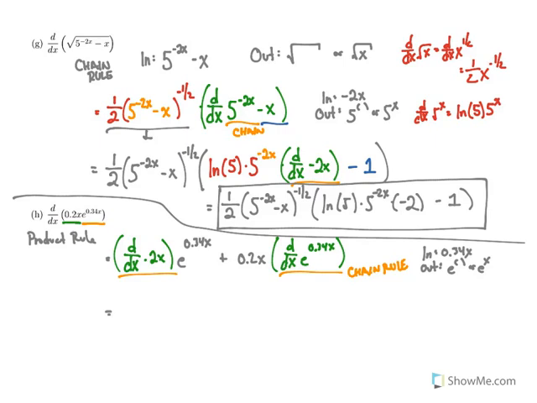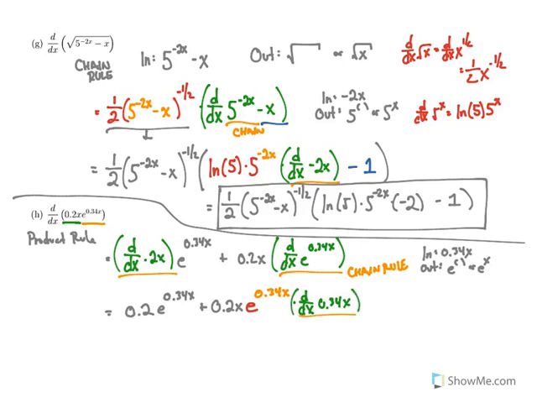So the derivative of 0.2x is going to be 0.2. It's a line, and the slope of the line is the derivative, times e to the 0.34x plus 0.2x times, now we're doing the chain rule, we're going to have e to the 0.34x times the derivative of 0.34x.